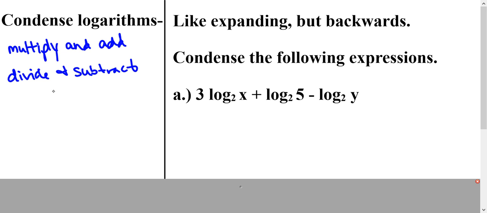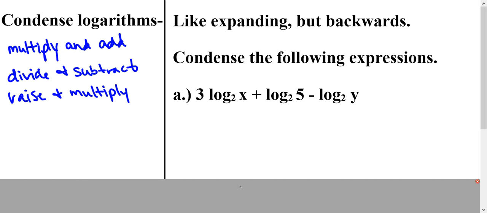And we also had raise and multiply. Those were our three basic properties of logarithms and exponents. So we know that when we see addition, that means we're going to be multiplying, and when we see subtraction, that means we're going to be dividing, and when we see a number multiplied in front, that means we're going to be raising the number to that power.